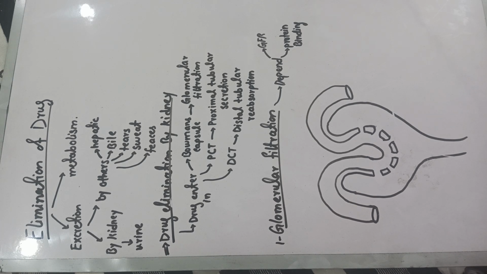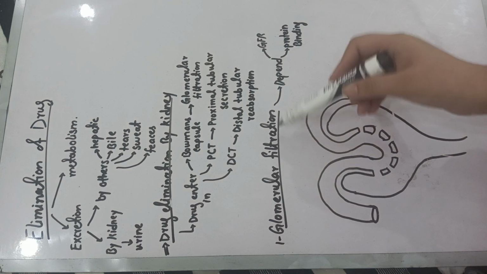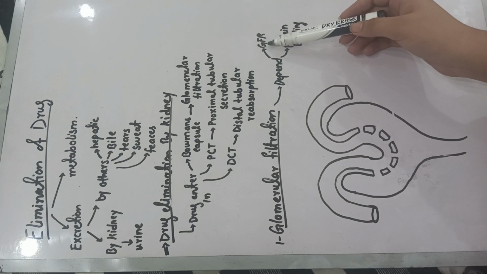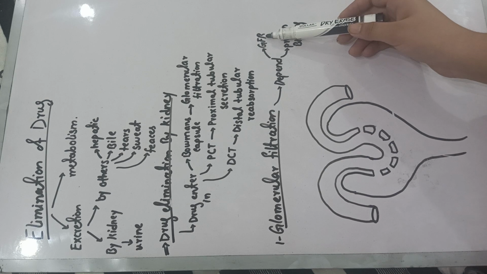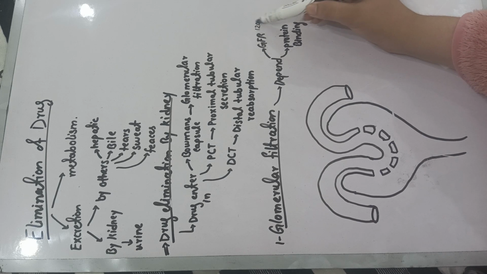The process of glomerular filtration depends upon two factors. First is the change in the GFR. What is GFR? This is the glomerular filtration rate. The normal glomerular filtration rate value is 120 ml per minute.